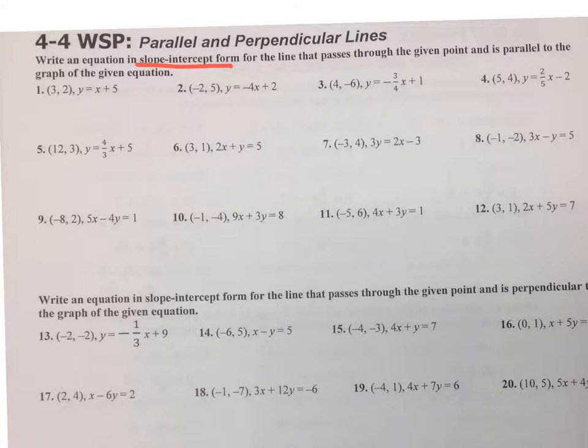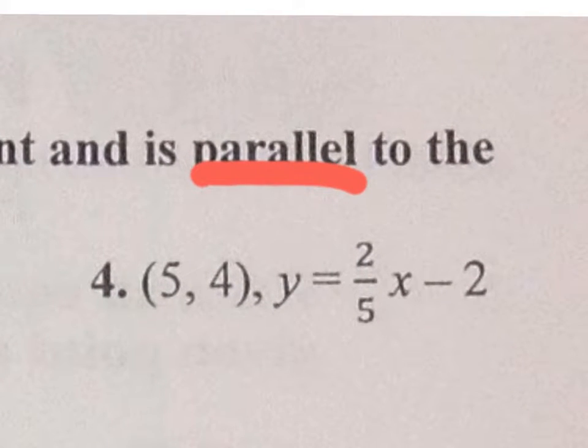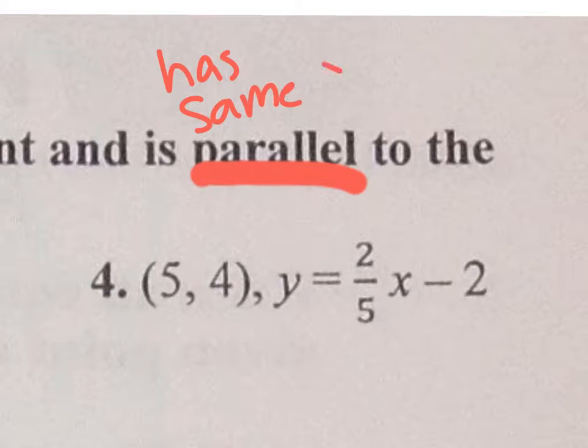So key word here, parallel. What does parallel mean in this context? If a line is parallel, you know that it has the same slope. I'm just going to put an M. So when they say that the line you're going to come up with is parallel to the line that they give you, they're indirectly giving you slope.